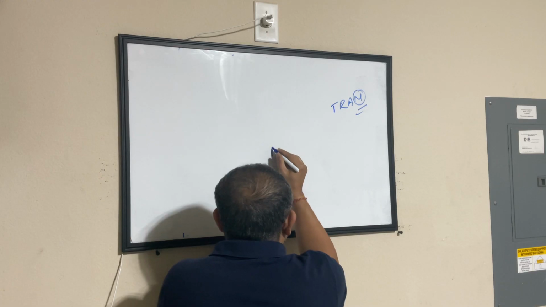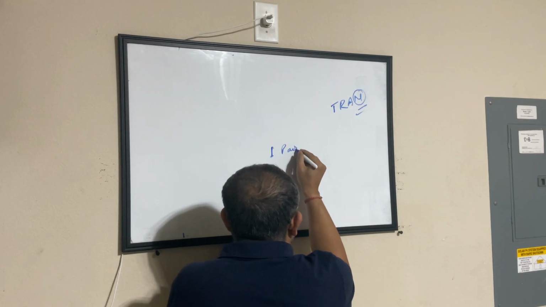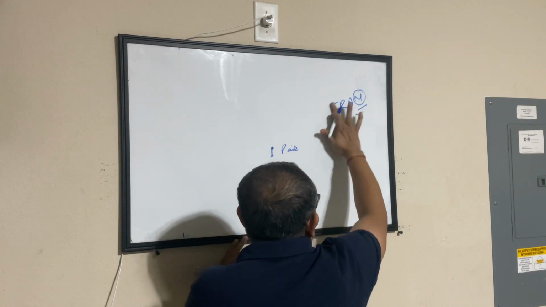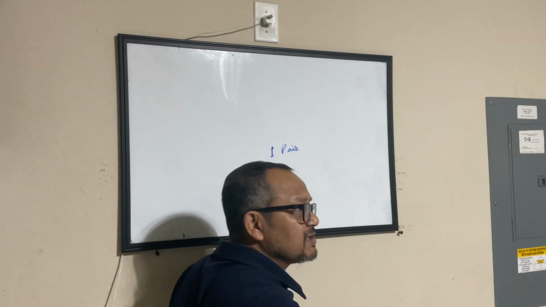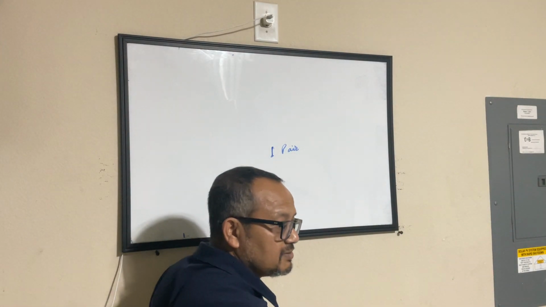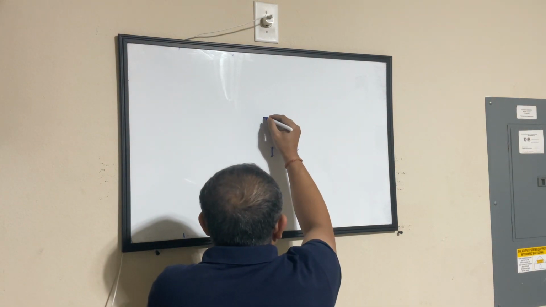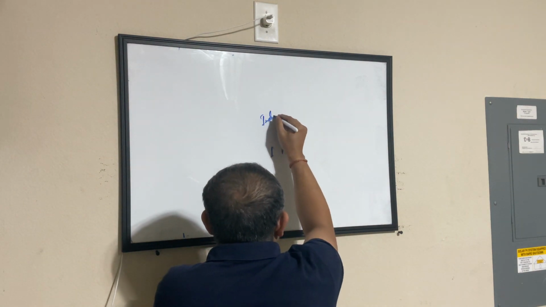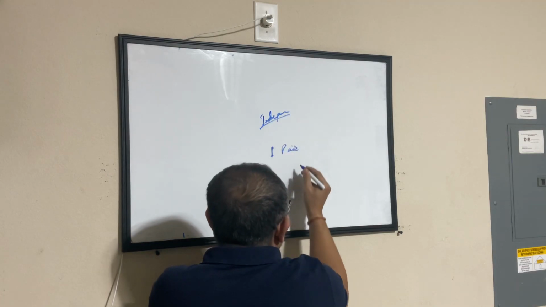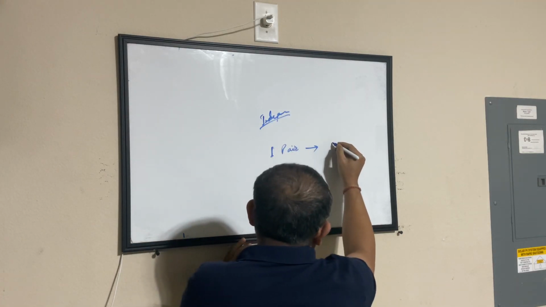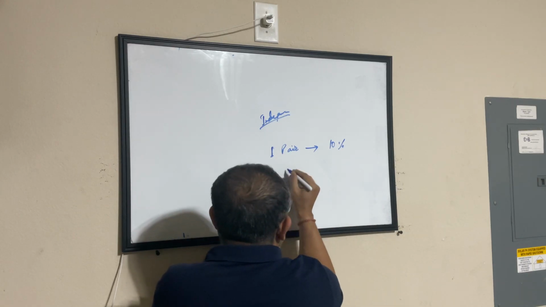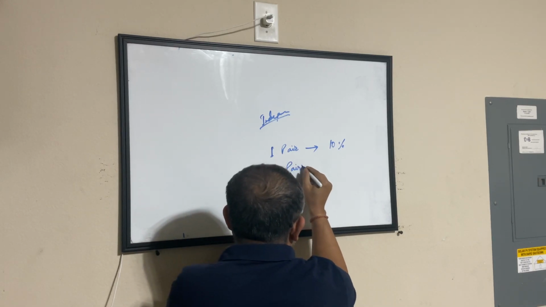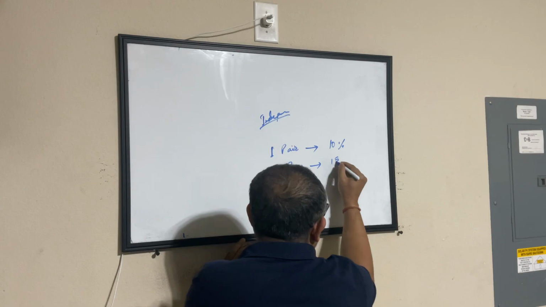If you buy 1 pair of shoes, this is a deal for the 4th of July, not New Year, that is the Independence Day. So the Independence Day deal is if you buy 1 pair of shoes, you get 10% discount. If you buy 2 pairs of shoes, you will get 15% discount.